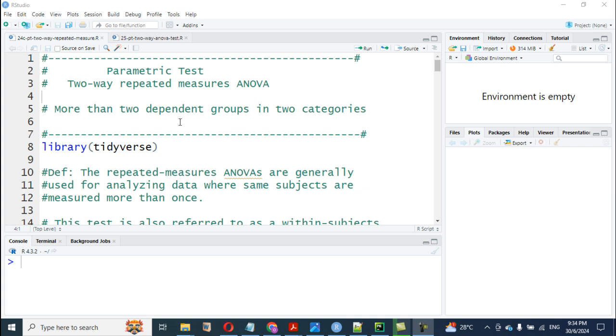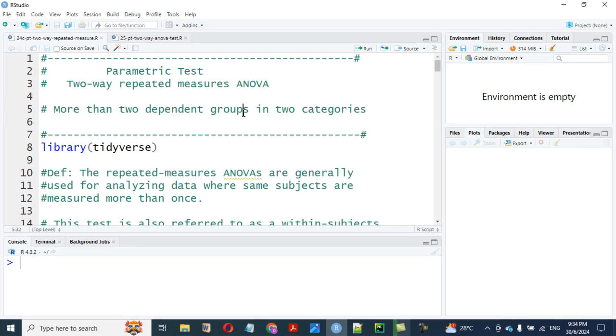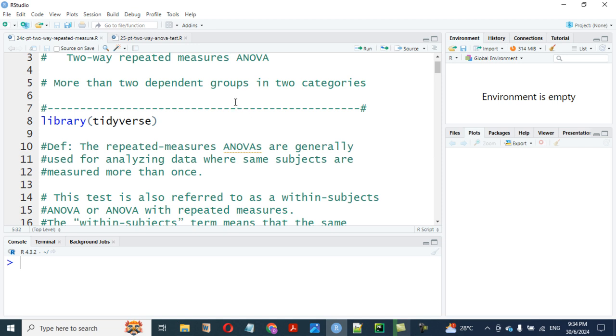So the kind of categories you have there was two categories. The same thing here, two categories also. We have more than two dependent groups. In the one-way repeated measures ANOVA we did, we have more than two dependent groups or samples. So maybe you have a sample time, you want to use time, you have T1, T2, T3.